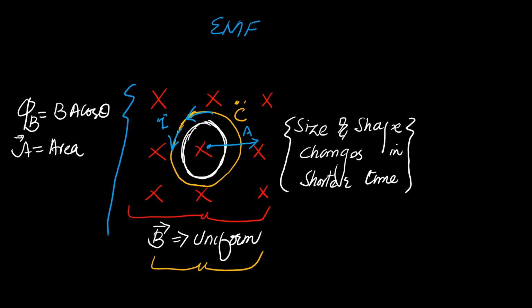So whenever the shape of the conducting wire changes, the area vector is changing. The change in area vector will cause a change in magnetic flux.